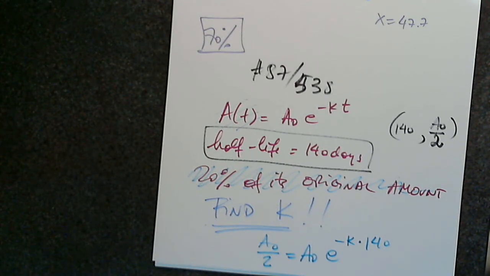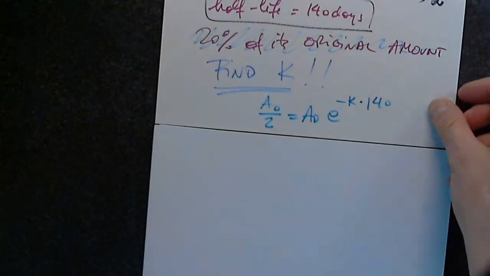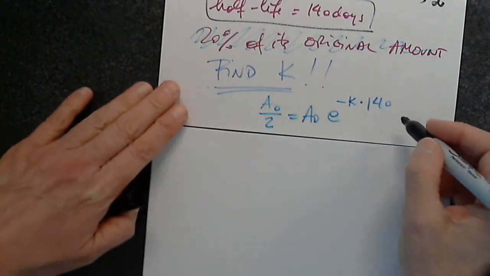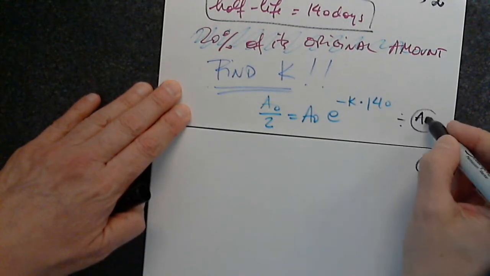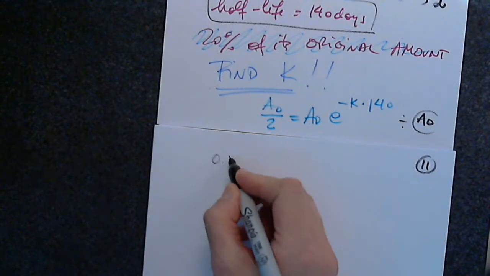Now, I want to clean it up. Can you please tell me what I should do first to clean this up? Exactly, because A0 is not 0 and I don't need it and I don't even have it. So I divide both sides by A0. So this part is 0.5.